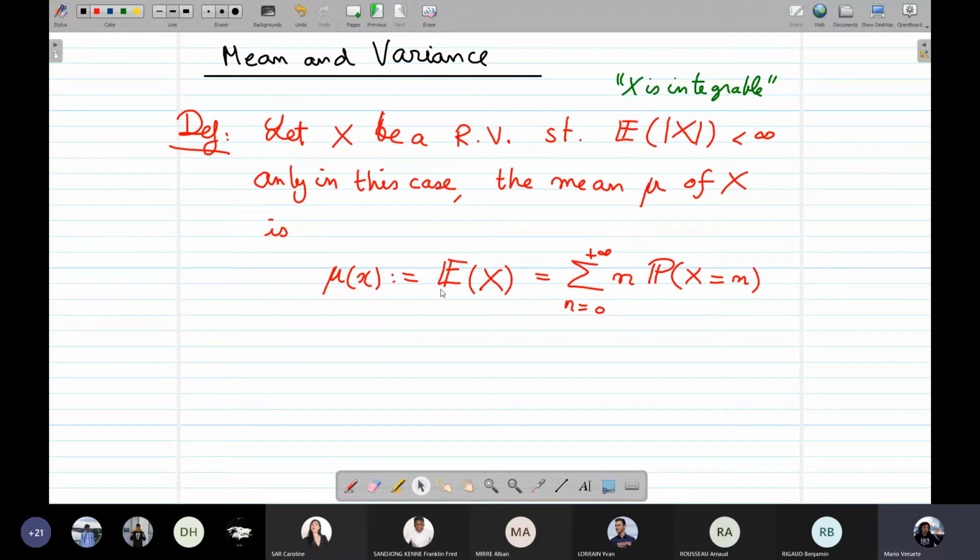So if the expectation of the absolute value of the random variable X is finite, then we call that number the mean, and we use the Greek letter mu.